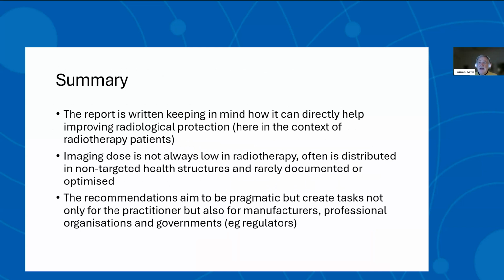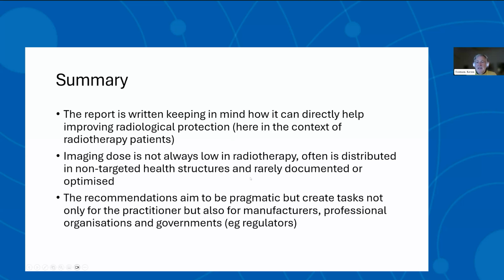So in summary, from my perspective as a novice in the ICRP world, I was impressed to see that the report is really written keeping in mind how it can directly help to improve radiological protection of patients. It is also quite clear in the discussions we had that imaging dose is not always low in radiotherapy, and often and always distributed in non-targeted healthy structures, and rarely documented and optimized.